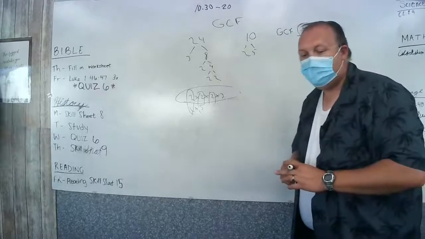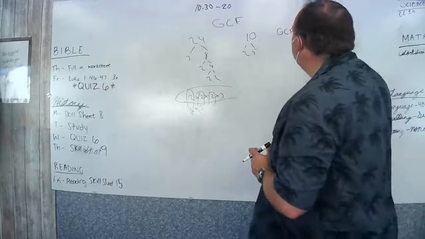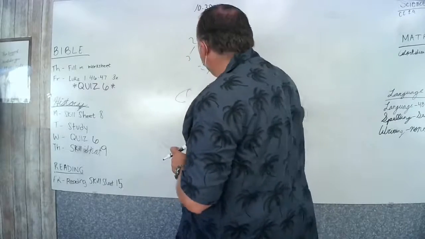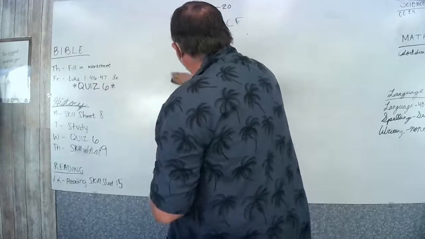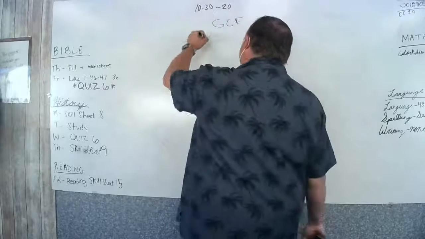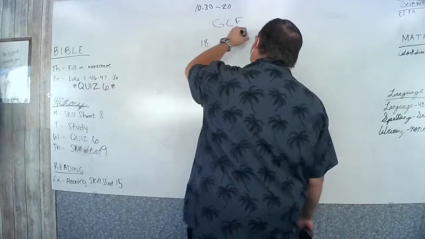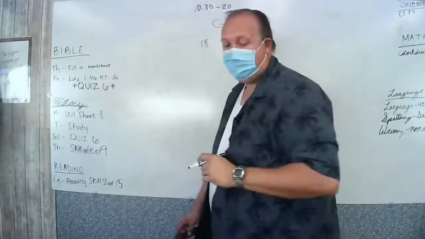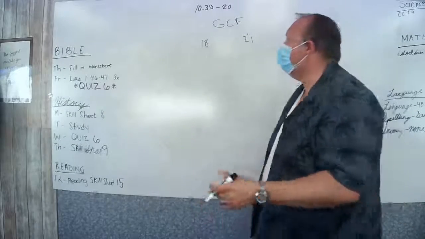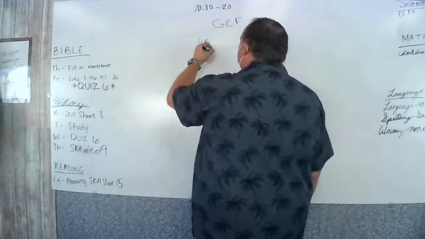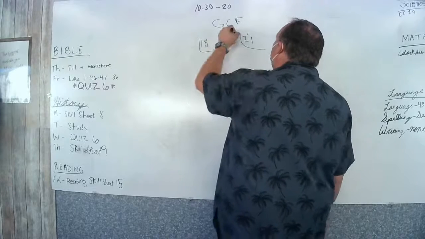All right? Now let's look at another question here. Problem number 2, we have 18 and 21. We're going to do the same thing again. We're going to break it down into prime factors. This time I'm going to do division of prime.